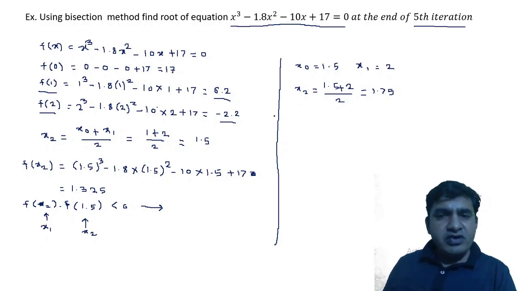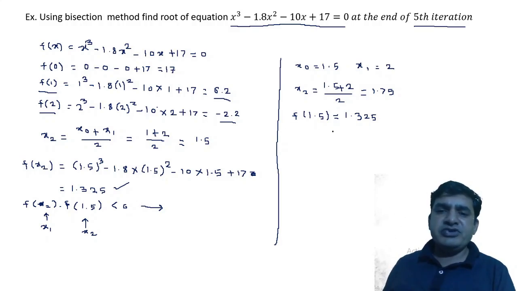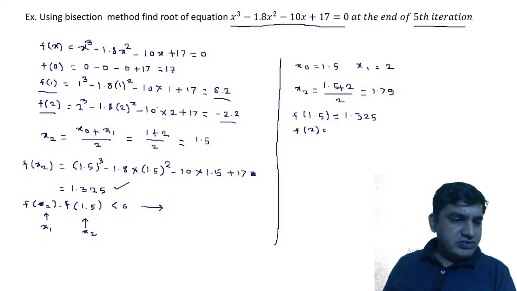Now find f of 1.5, and we know that f of 1.5 is 1.325. F of 2 is equal to minus 2.2.